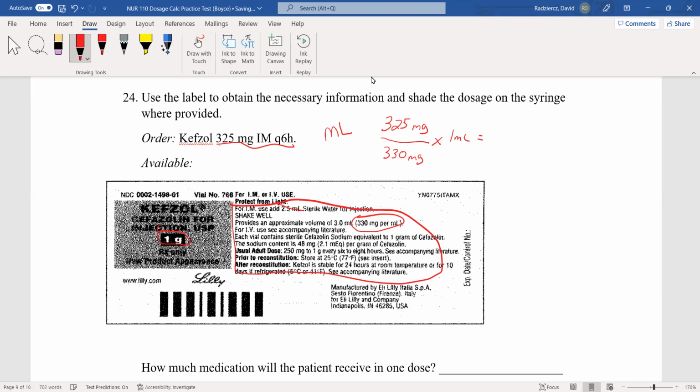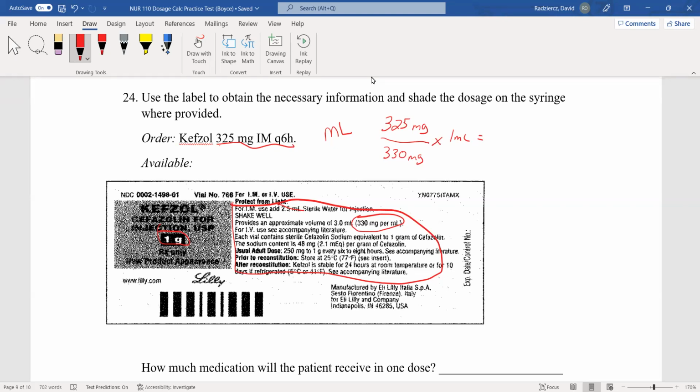I'm going to plug that into my calculator. 325 divided by 330 gives me 0.98484848.